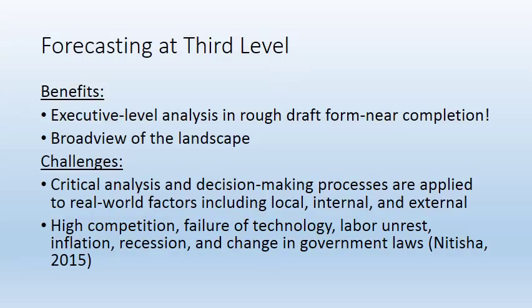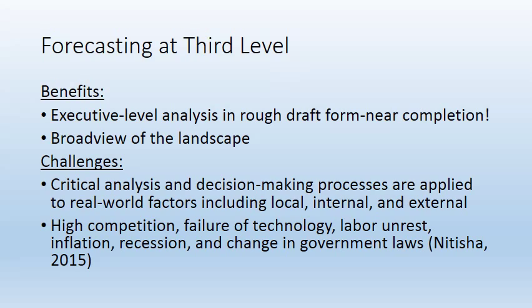The next source of information is called the third level. This level is the executive level analysis that usually presents as a rough draft. Think of this as the 20,000 foot above Earth view where the leadership can look at the entire landscape. At this point, critical analysis and decision-making processes are applied to real-world factors including local, internal, and external.